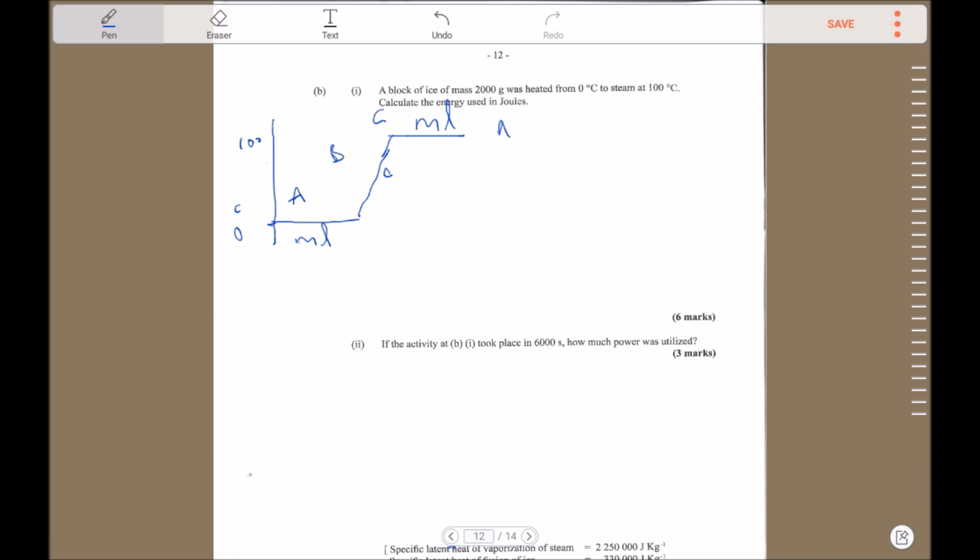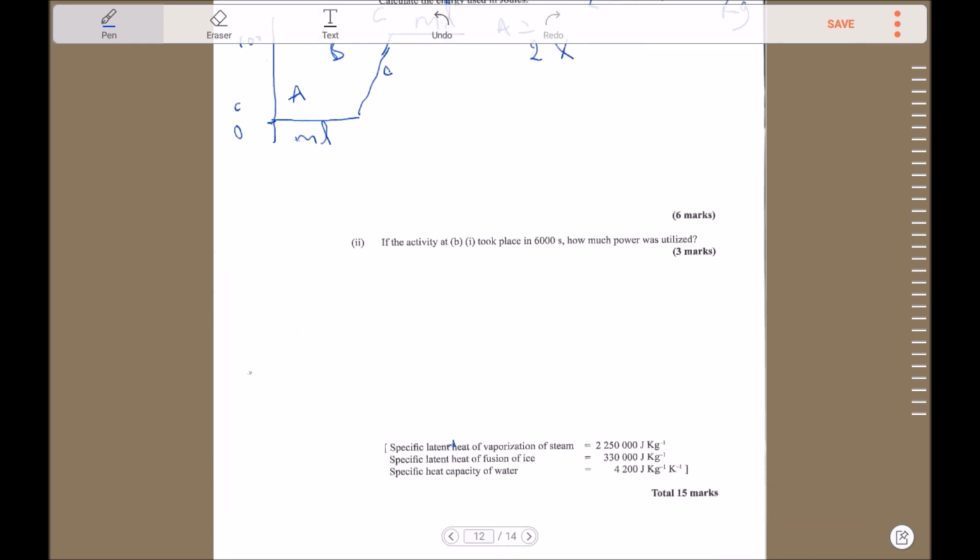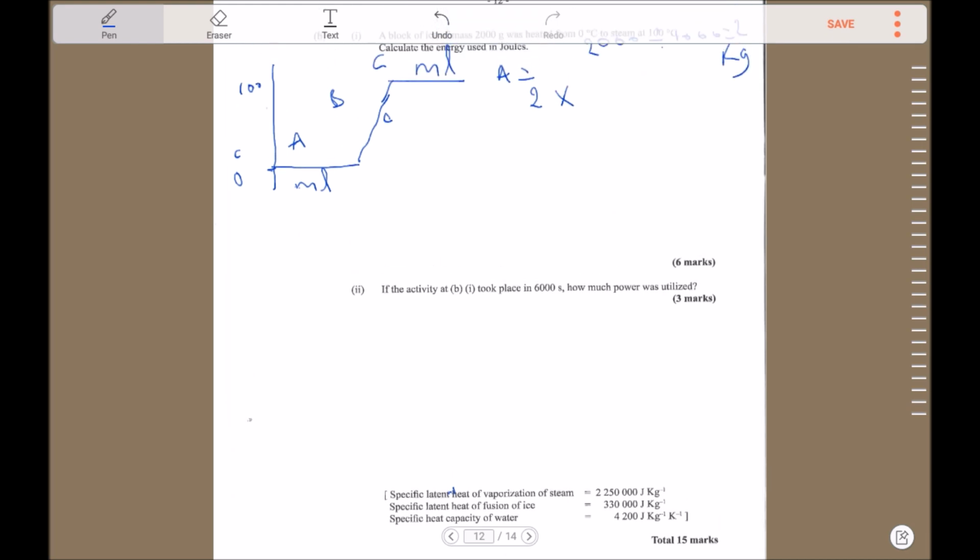So let's calculate A. The mass of the ice is in grams, so let's change that to kilograms. 2000 divided by 1000, so that's 2 kg. So our mass now, for part A, is 2 times our latent heat of fusion of ice, 330,000, that is equal to 660,000.